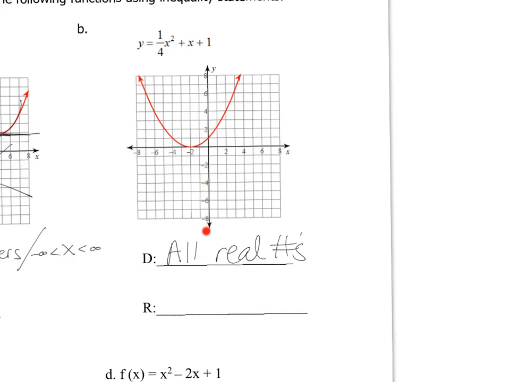However, it does not go down forever. It bottoms out. And where does it bottom out? What y value is the bottom of this graph? The y value is at 0. So y is always greater than or equal to 0. These y values up here is where the graph is.